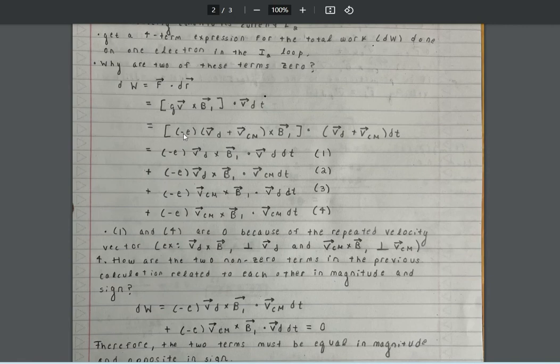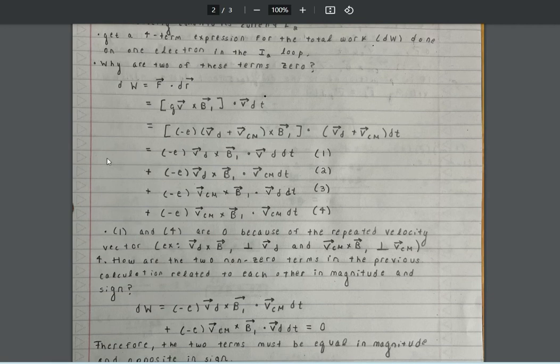So we know that we have an electron, and we have the drift velocity and the center of mass velocity, and then we take the cross product of this velocity with our magnetic field, and then we multiply that by the velocity, which I just said was the drift velocity plus the center of mass velocity, multiplied by the change of time.